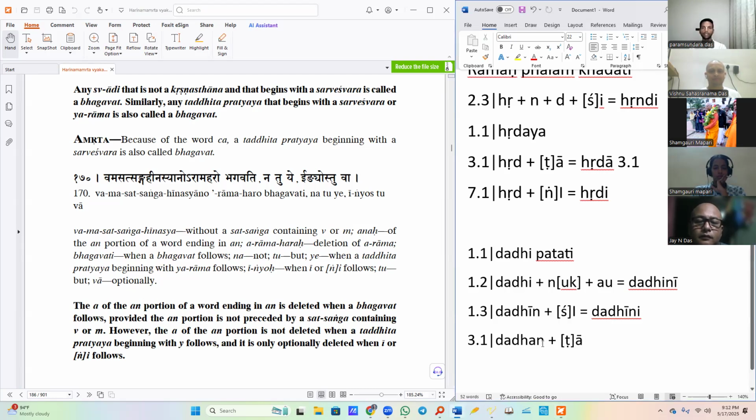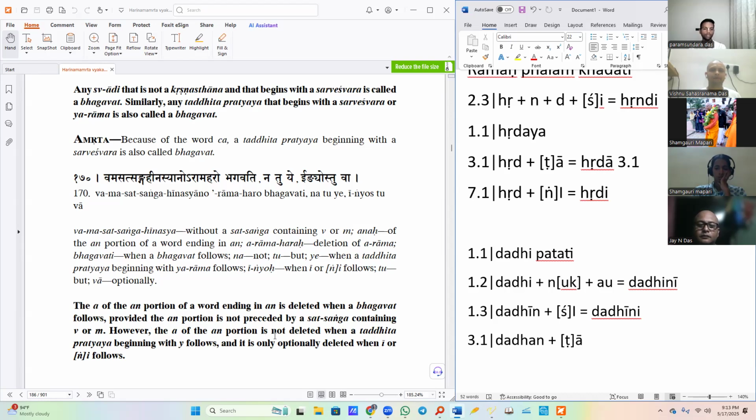So the a of un of a word ending in un is deleted when a bhagavat follows, provided the un portion is not preceded by a satsanga containing va or ma. Anyhow, in dadhan we do not have any satsanga preceding the un, so we do not consider it here.